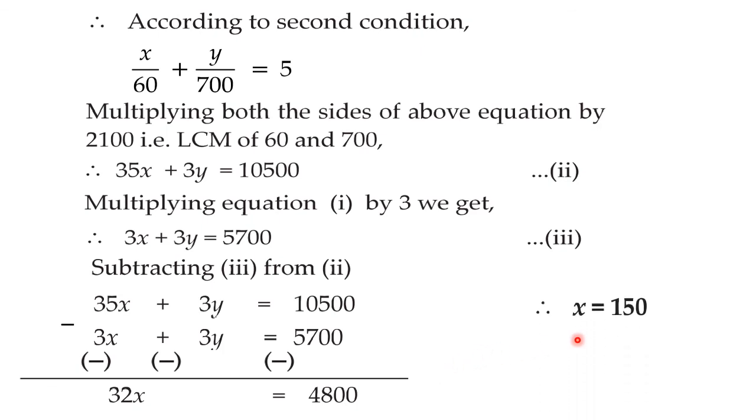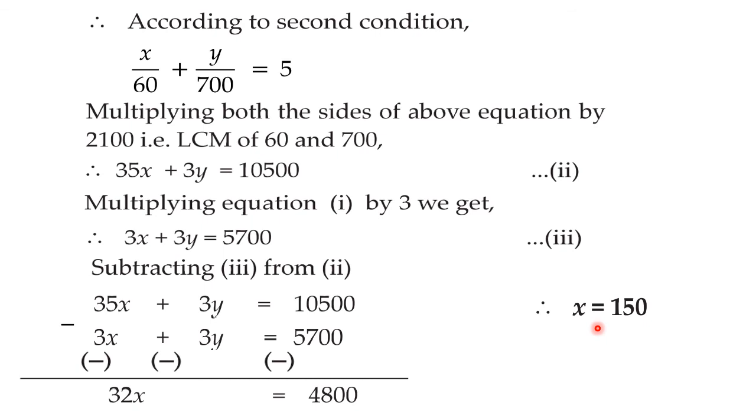So what we can write here is x is equal to 150. That means x is equal to 4800 divided by 32, and when you divide you are going to get the answer 150. Now in a hurry, you may think that once we have got the value of x, we should substitute it in equation 1 and get the value of y. But there is no need, because they have not asked us about the distance traveled by aeroplane.